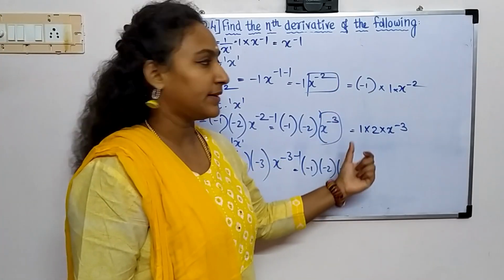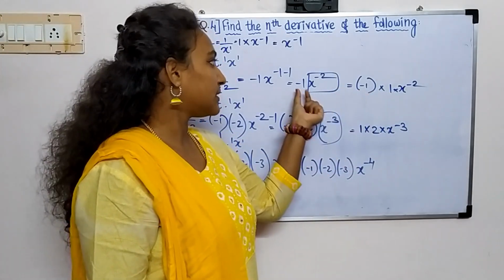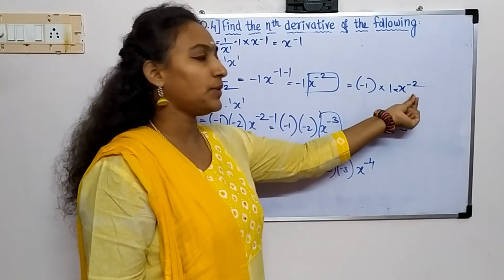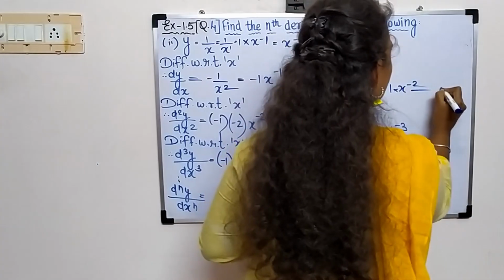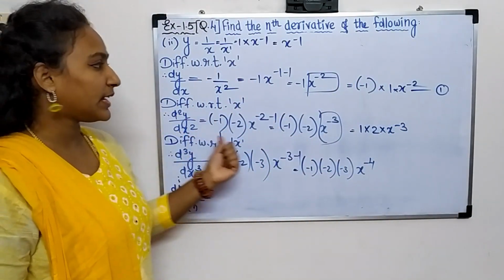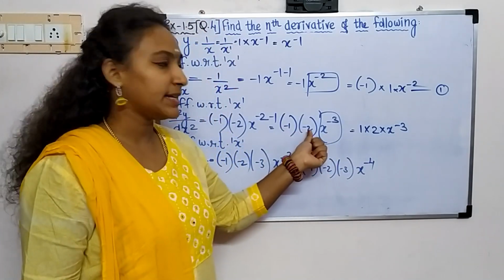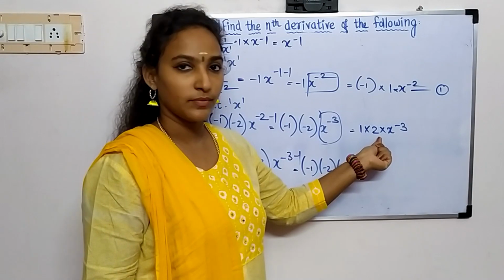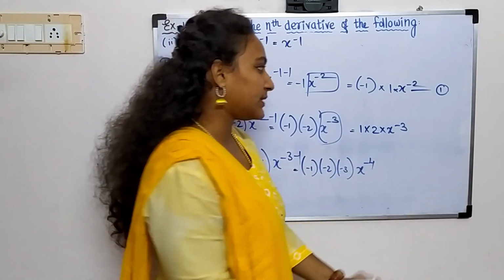See, just for the pattern I have simplified this. This minus 1 I have written as minus 1 into 1 into x raised to minus 2. Let this be equation number 1. And this d square y upon dx square I have written as minus into minus is plus, so 1 into 2 into x raised to minus 3.